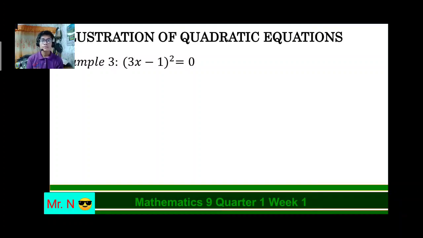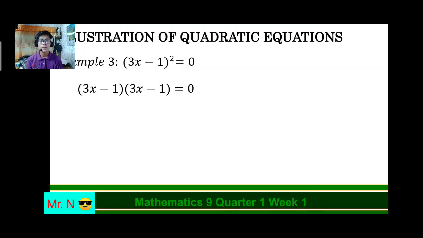So, again, to easily identify, we should simplify it first. And to simplify, expand muna natin yan. So, when we expand it, we have 3x minus 1 times 3x minus 1, or quantity 3x minus 1 multiplied by the quantity 3x minus 1. Okay?